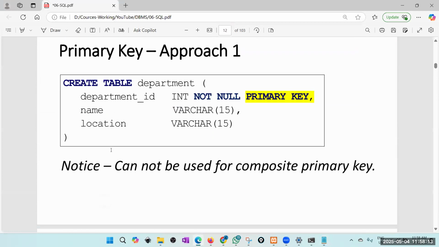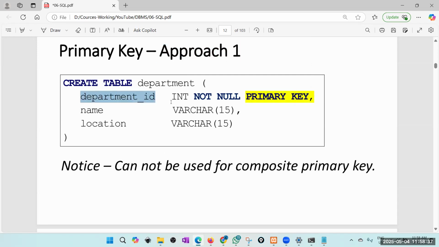Right. So now we want to create a table with a little bit more seriousness. So remember, a very important concept in table is primary key. Some databases even do not allow you to create a table without primary key, but MySQL allows at least. So this is how you say it is your primary key. There are three ways you can specify primary key. This is approach one.